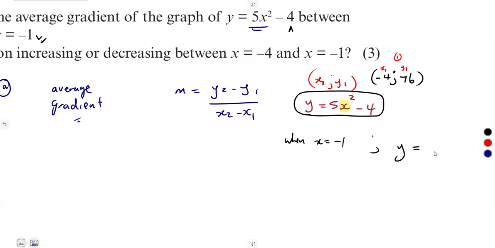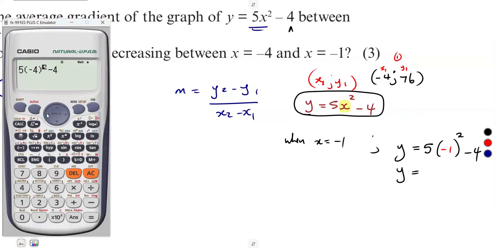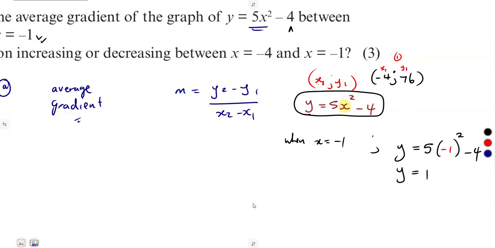Y is equal to 5, our x is -1, so in place of that you put -1 squared, then minus 4. So that's you and your calculator this time. Just put -1 in place of the x. So y is equal to what? 1. So that's a point: x is -1, y is equal to 1.